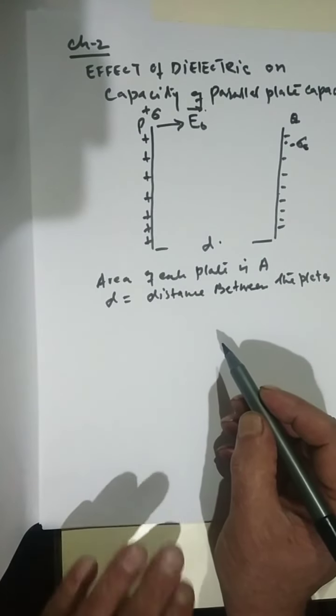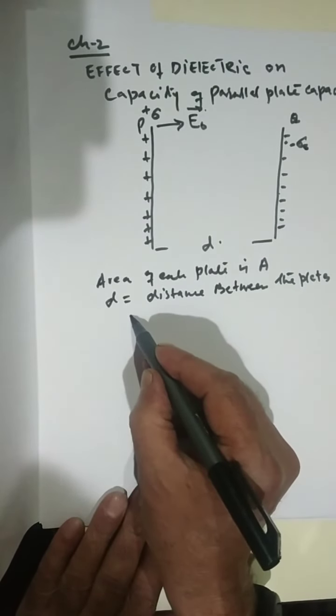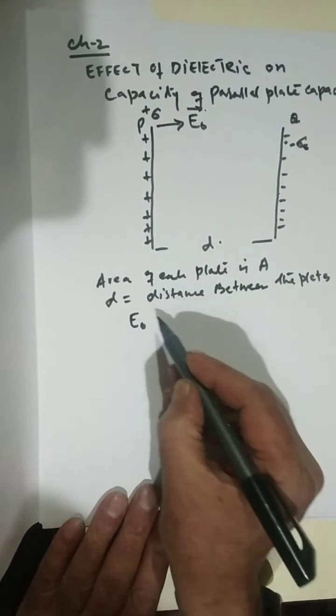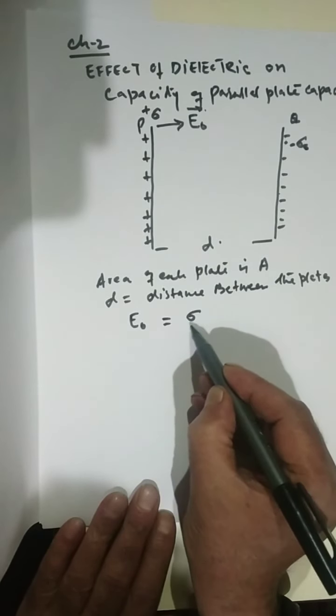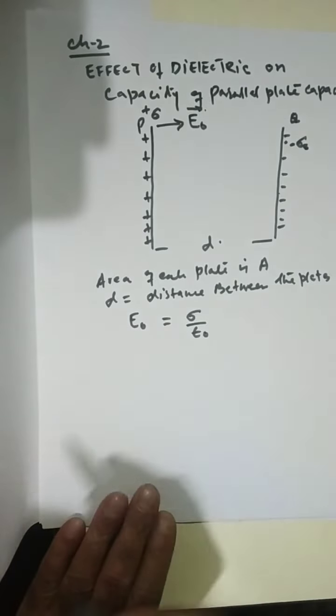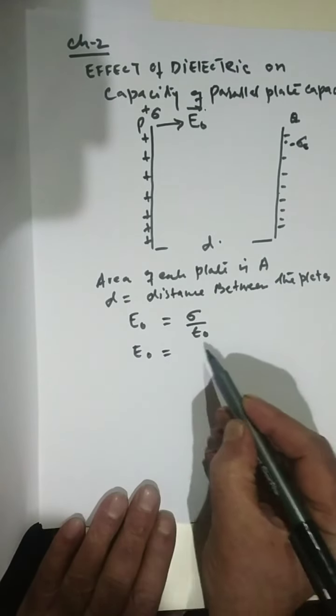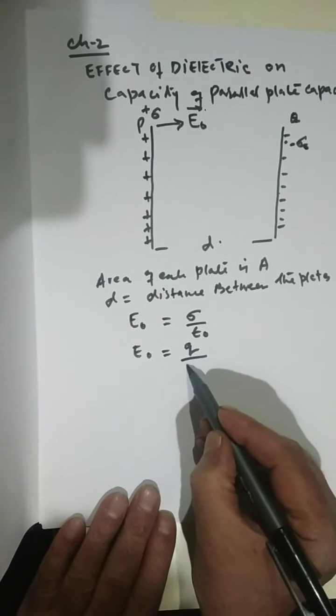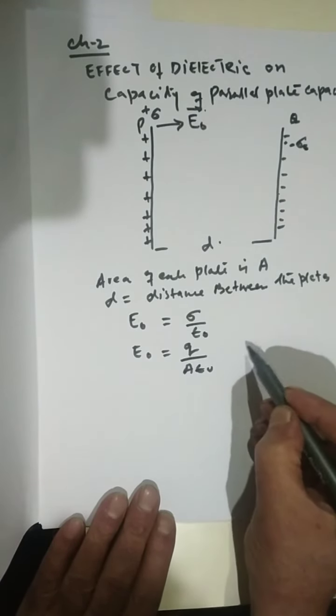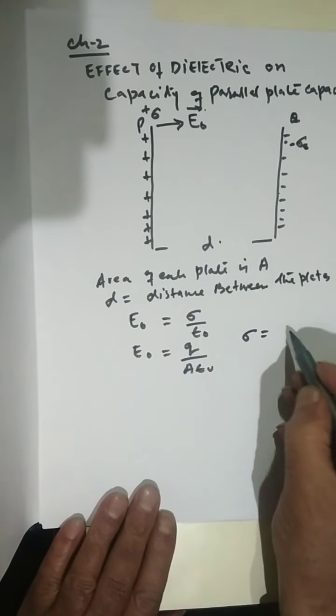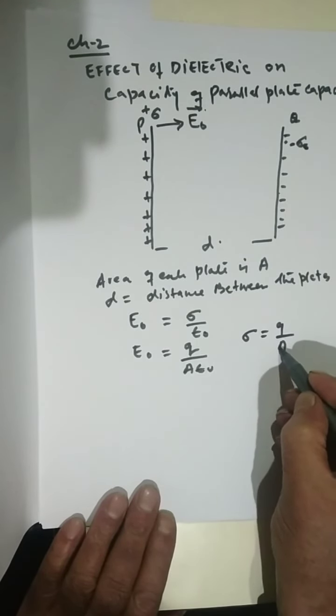Now we know that electric field E0 is equal to sigma upon epsilon 0, which is also equal to Q by A epsilon 0, because sigma is equal to charge per unit area.